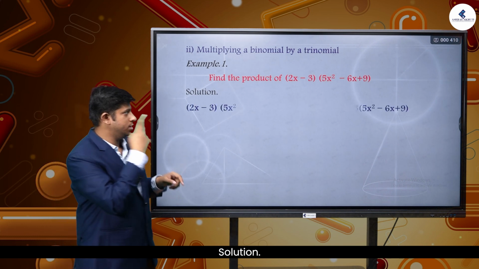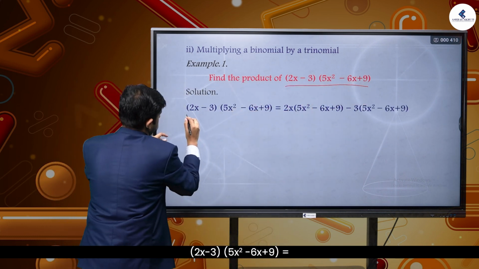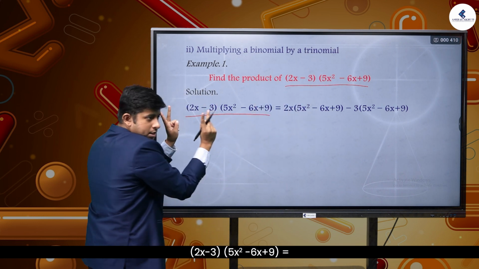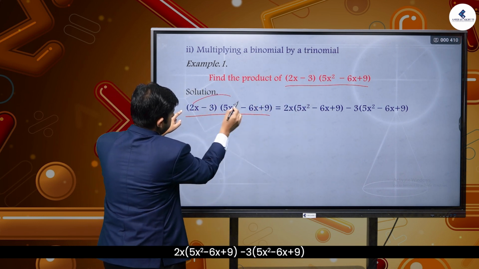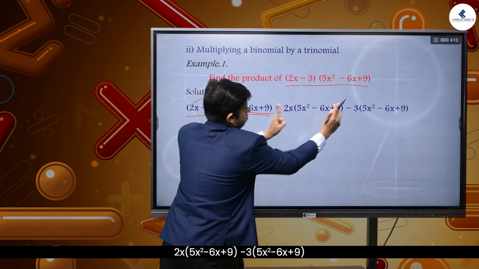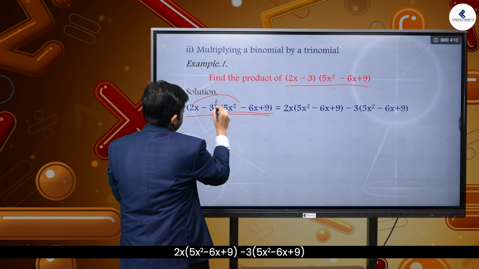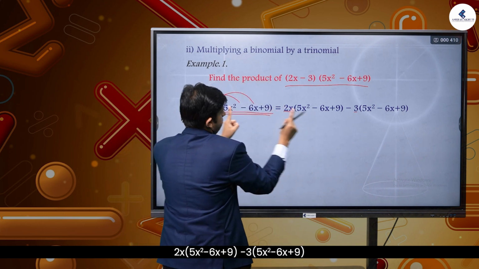Solution, we multiply 2x into 5x square minus 6x plus 9 minus we multiply 3 into 5x square minus 6x plus 9.